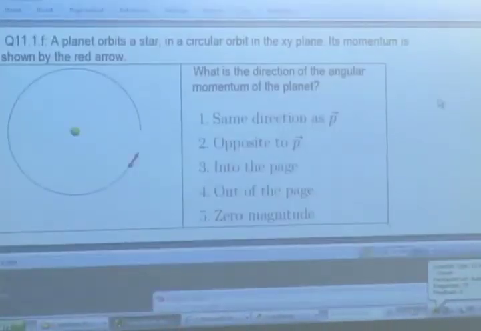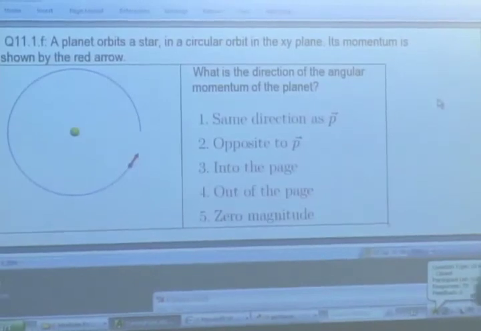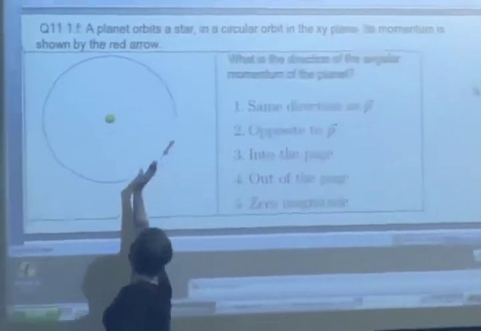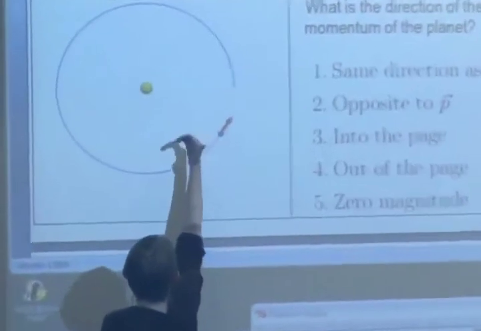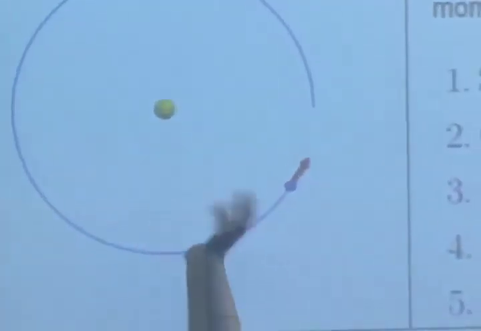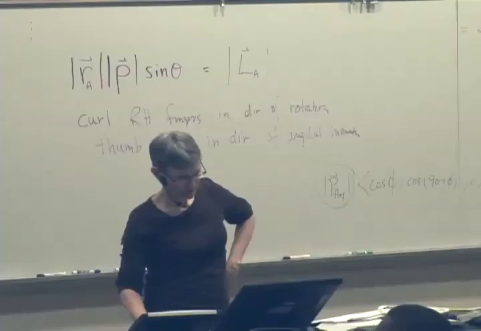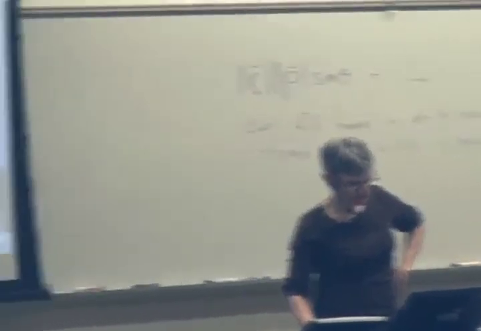Out of the page. Yep, that's right, because we're curling our fingers in the direction of rotation using our right hand. Thumb sticks out toward you. Here is the usual coordinate system.